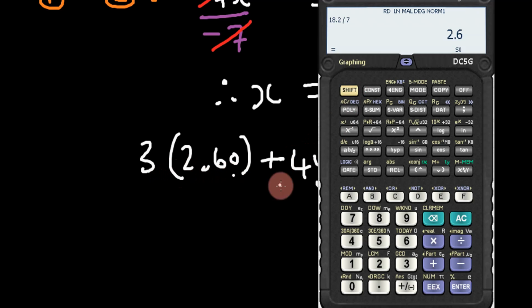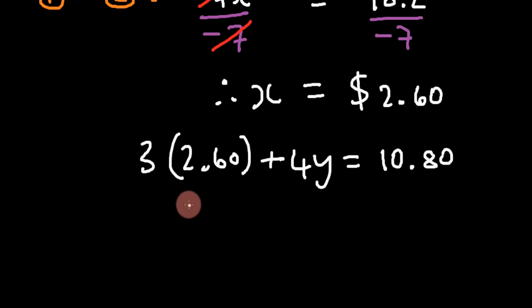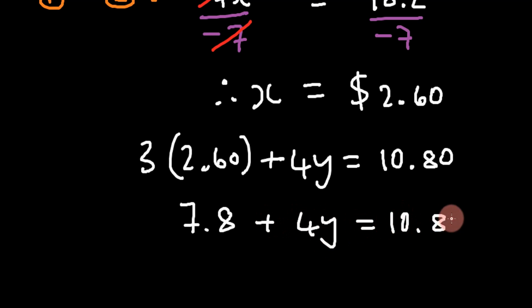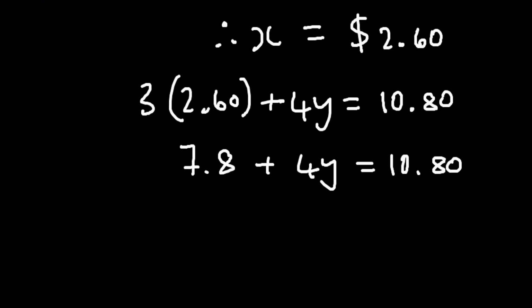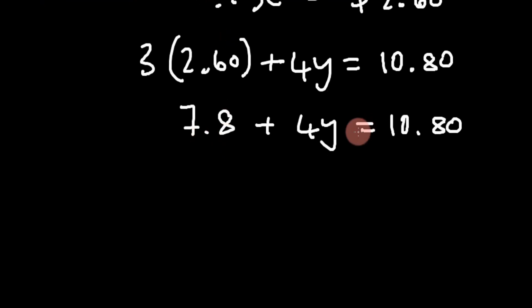So it's going to be 3 times 2.6, which is 7.8. We can take the 7.8 to the right-hand side. So we subtract it from the right-hand side.